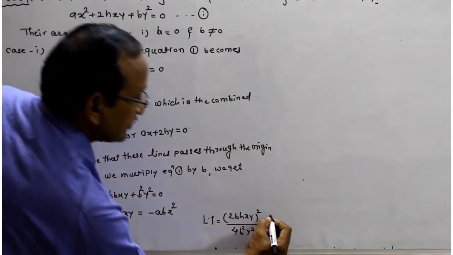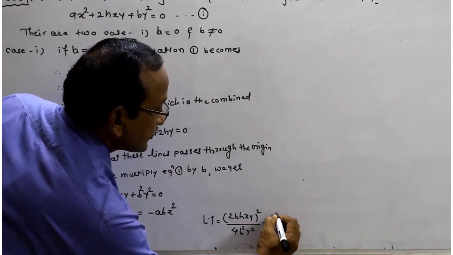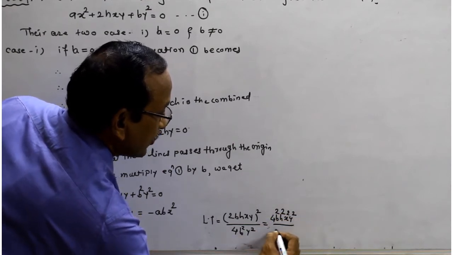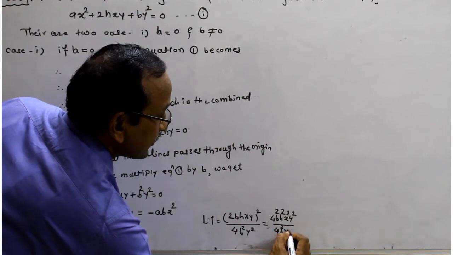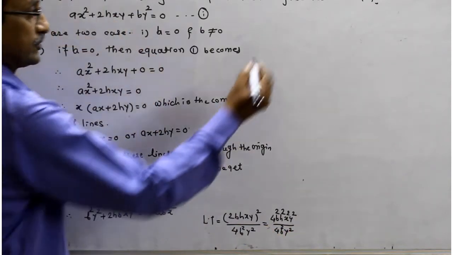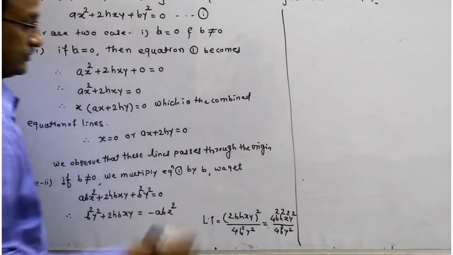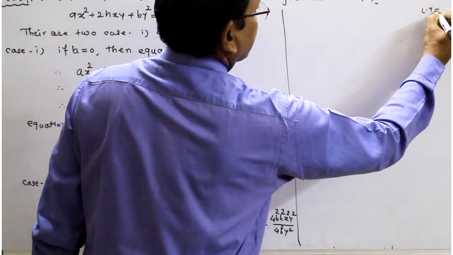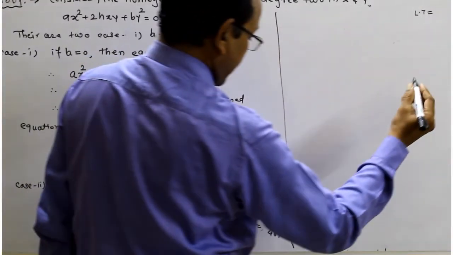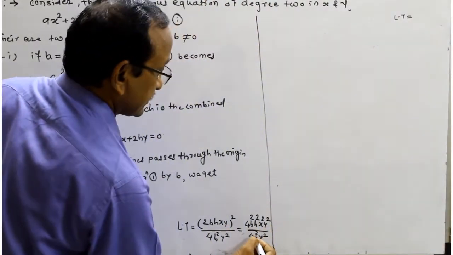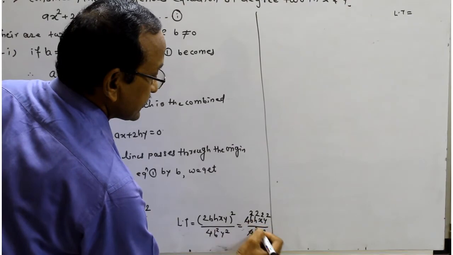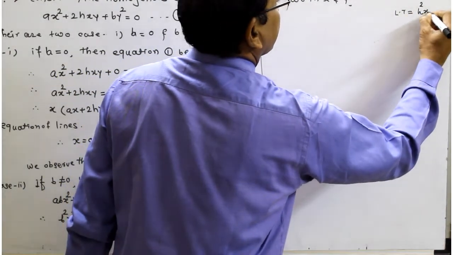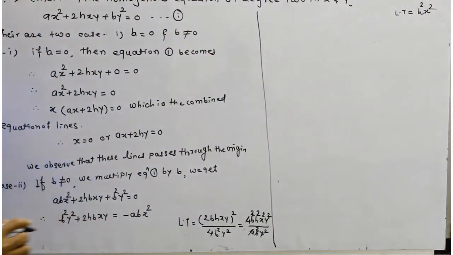So it is 4 times b square h square x square y square upon 4 times b square y square, and then it is cancelled. Then the last term is h square, b square cancel, y square cancel, so it is h square x square, the last term.